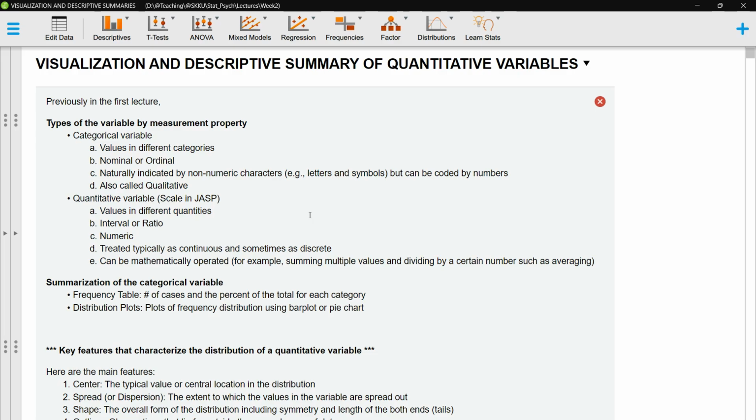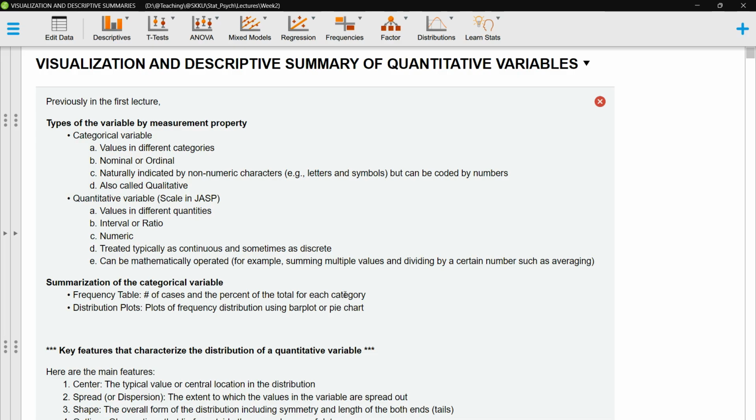Okay. And for the categorical variable, in the last lecture, in the previous week, we talked about the way of summarizing the categorical variable in terms of the frequency table, creating the frequency table based on the number of cases for each category, calculating the percentage of the total for each category, and then making a table using those elements.